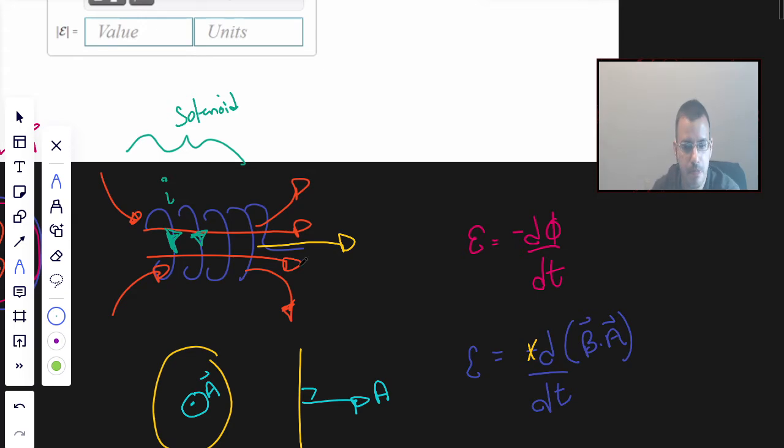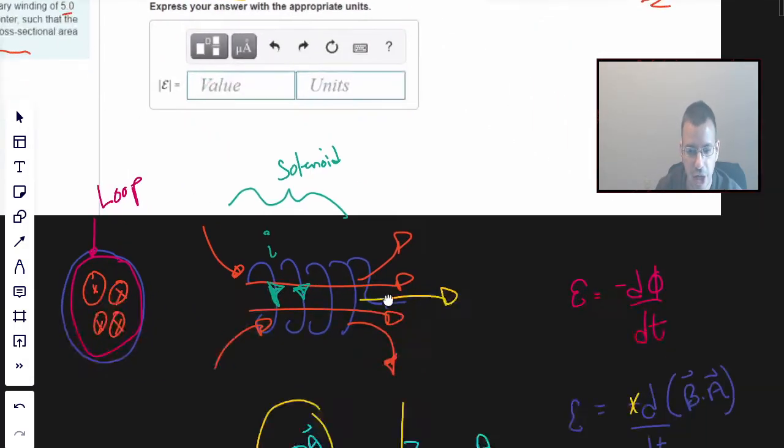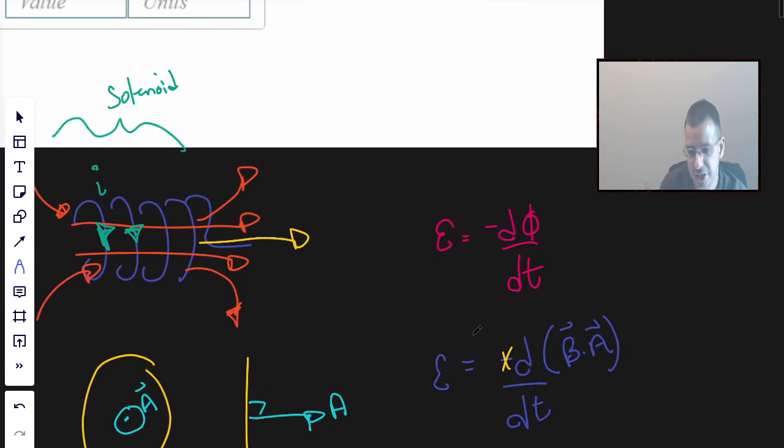So basically when they say long straight solenoid, what that's implying is that we don't have to worry about this dot product right here. That's just going to be 1. The dot product is a measure of how parallel two vectors are. These vectors are going to be perfectly parallel.